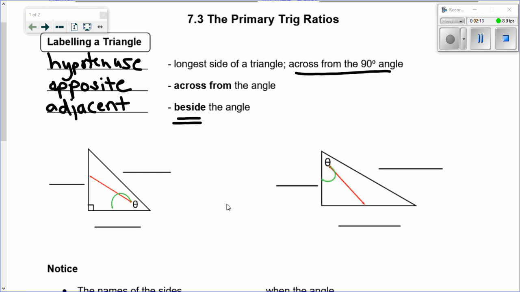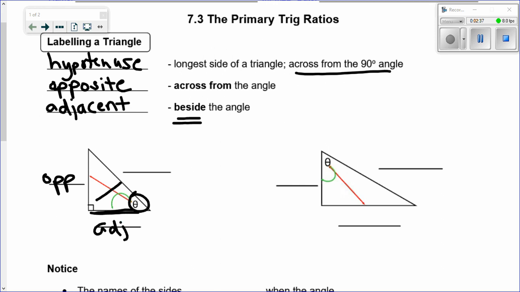These are actually everyday words, although we don't use adjacent very often. And the reason I bring that up is that the names of the sides actually change relative to the angle that we're looking at. So here we're looking at this angle down here, which means the side across from it is opposite, and the side that's touching it is adjacent.